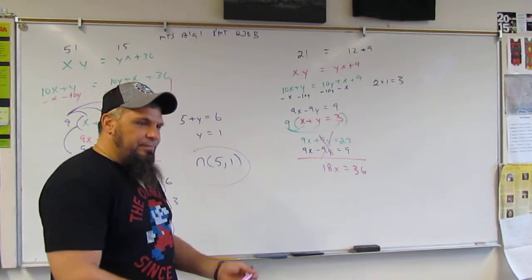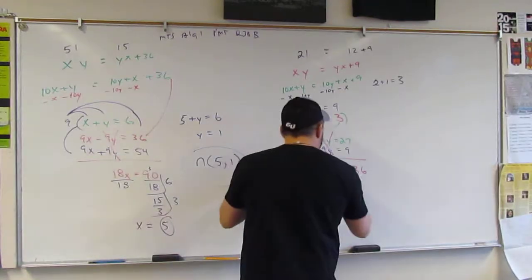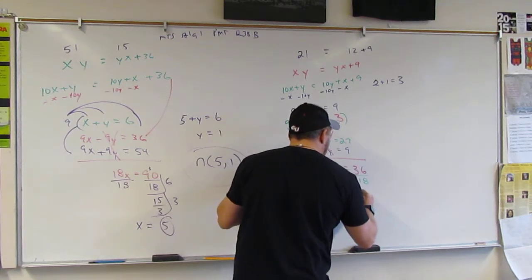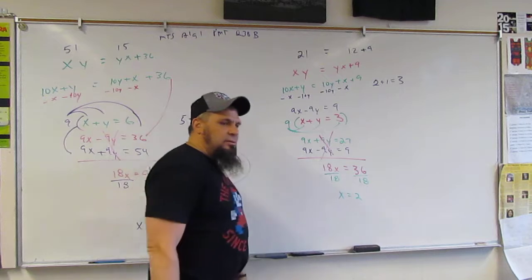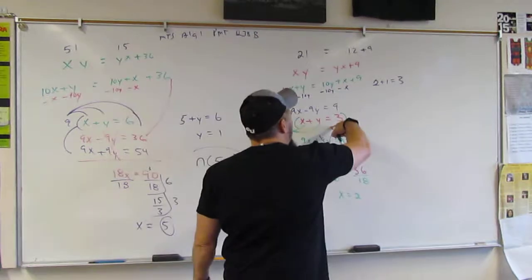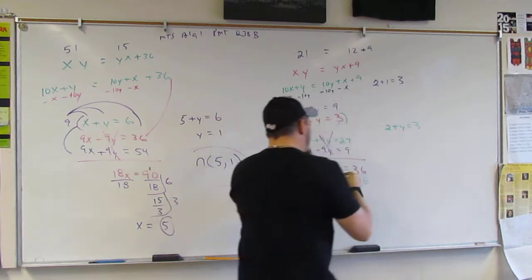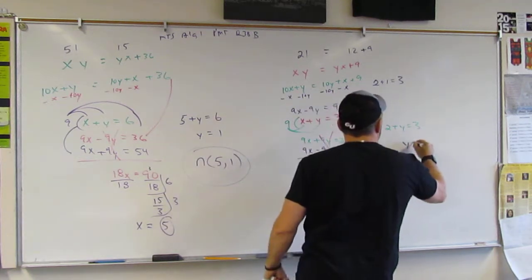Then divide by 18. So x is equal to 2. Then I throw it back in this equation. 2 plus y equals 3. So then y equals 1.